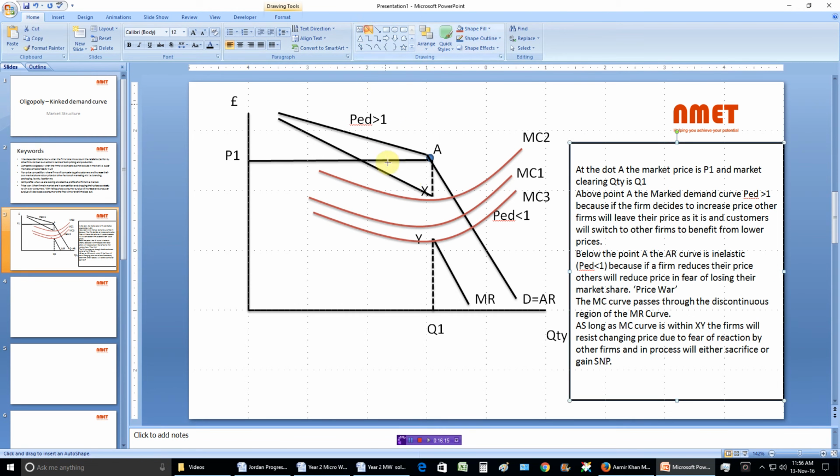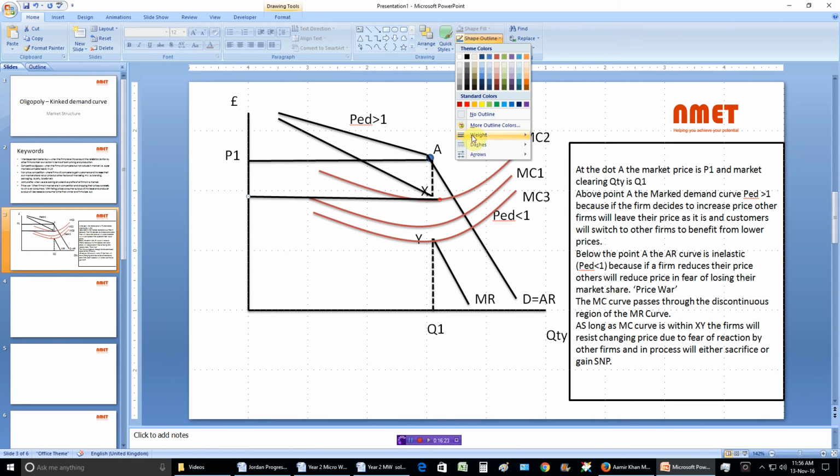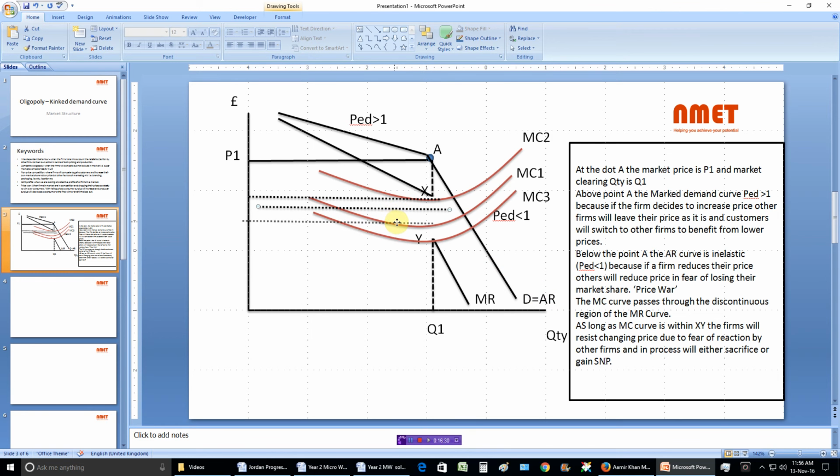So if I drew another line from here to there, I can say originally it was over here. This entire box was the profit, but if the MC rose, then it's being reduced, or if it's falling, then the supernormal profit is actually increasing.